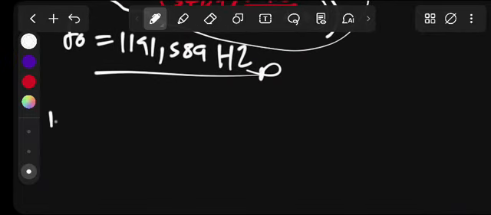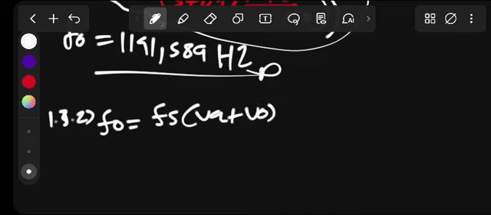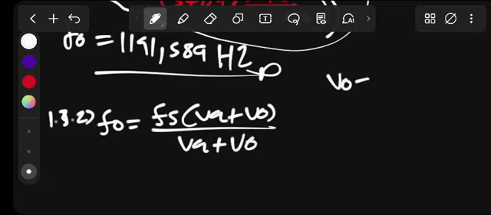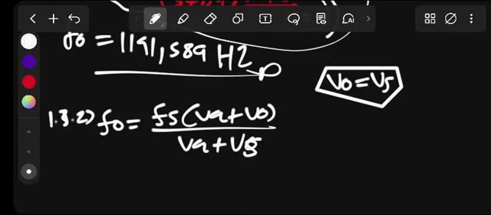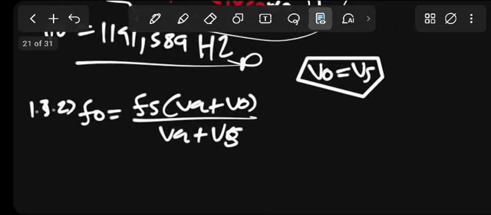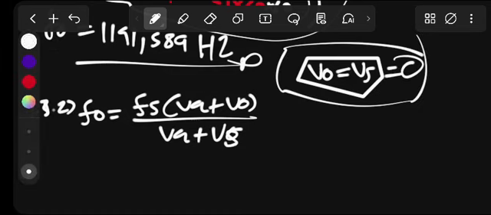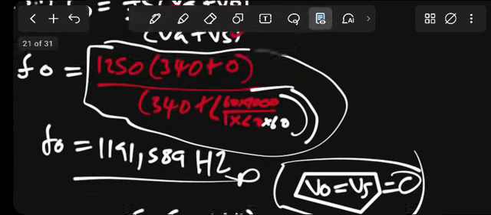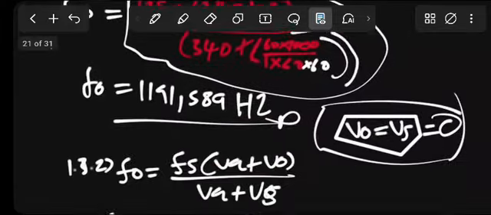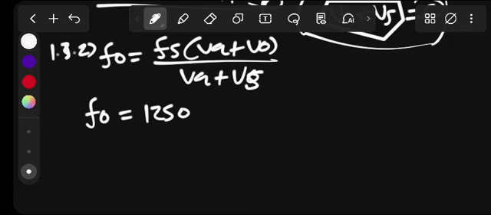So for us to find that frequency, we're using our formula again, with the velocity of the absorber and of the source. They will have the same velocity there, so all of them we can just say 0. Then here we want the frequency of the source you've been given, which is 1250. Of the air is 340 plus 0, stationary.